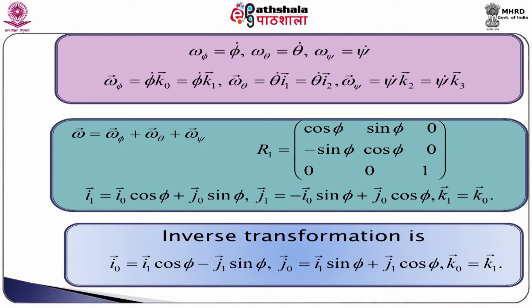Omega_theta vector is equal to theta dot I1 vector, which can be written as theta dot I2 vector.